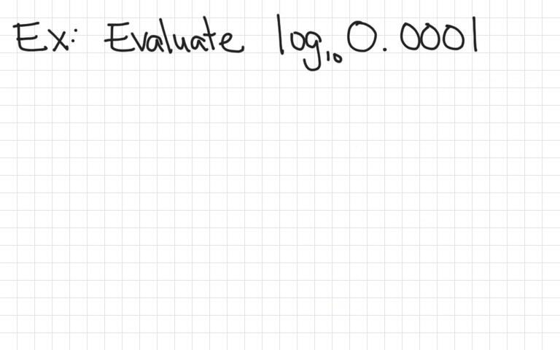Now let's evaluate the log base 10 of 0.0001. Now this time I didn't tell you what it's equal to, but this is what I do want you to notice. First of all, 0.0001 is 1 over 10,000.